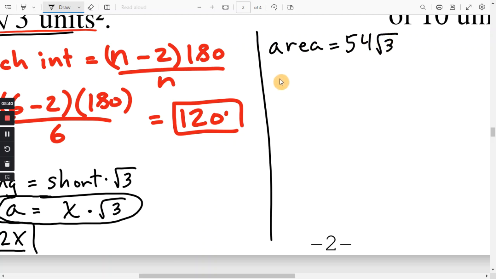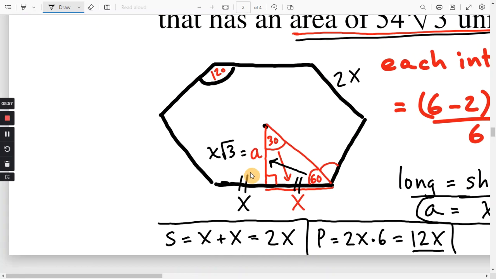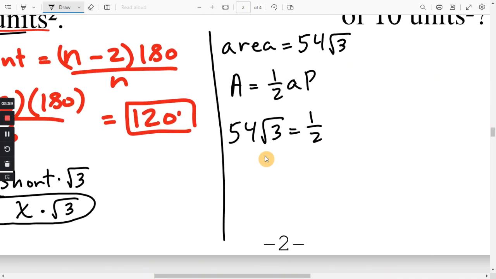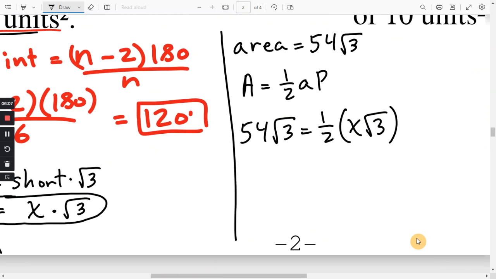We know that for a regular polygon, the area is 1/2 apothem times perimeter. The area is in place of A, so that's going to be 54 radical 3, and that's going to equal 1/2 times the apothem, which is x radical 3, and the perimeter is 12x.